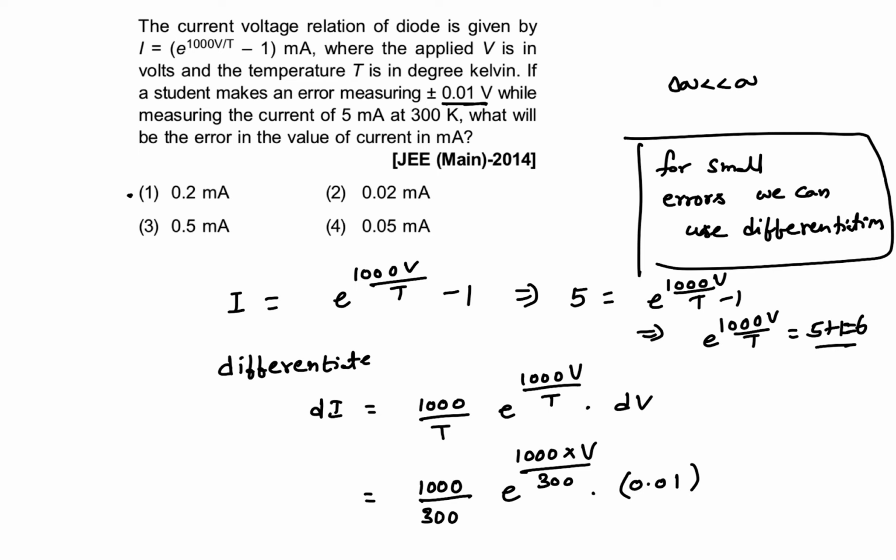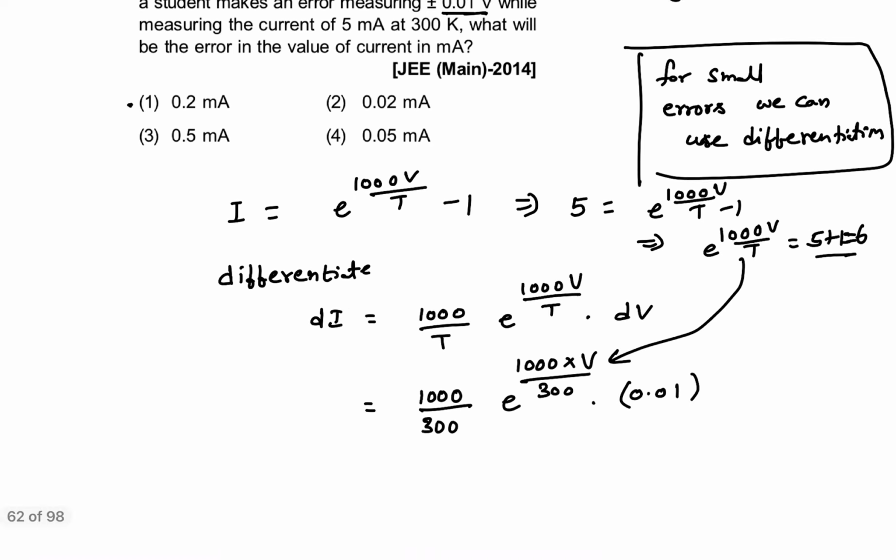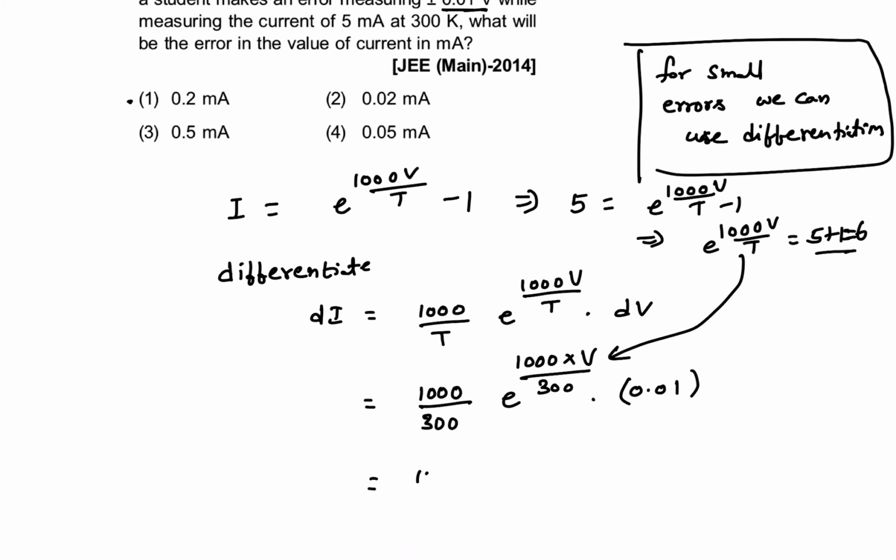From this, e to the power of 1000 V by T is equal to 5 plus 1, which equals 6. Substituting this value, we get 1000 divided by 300 into 6 into 0.01.